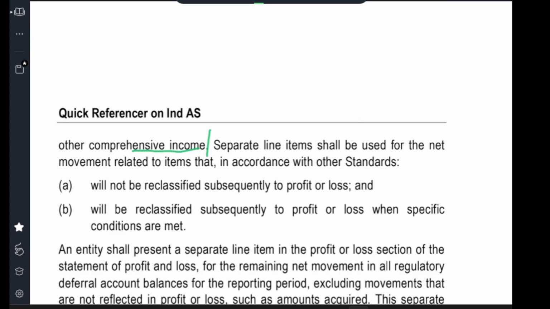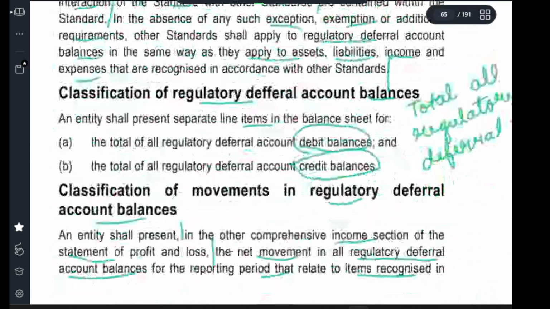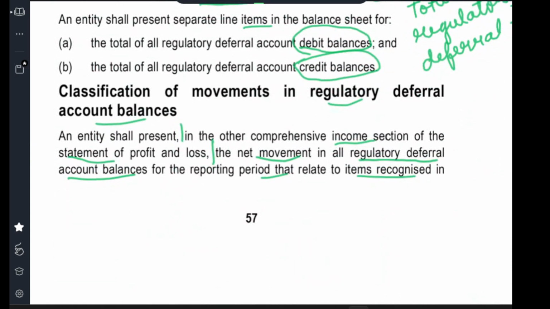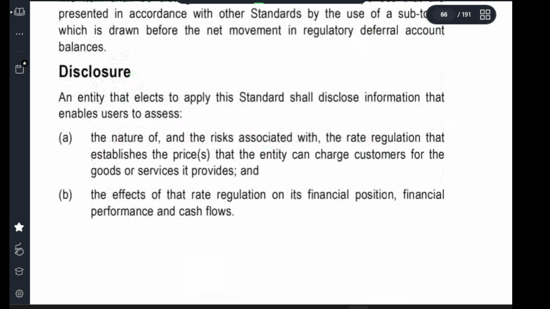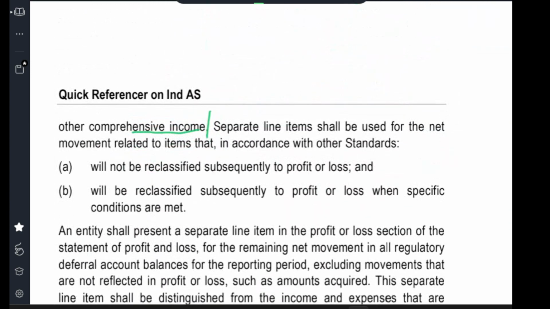So where they are going to recognize the specified rate plans in other comprehensive income, they are going to present the movement of any regulatory deferral assets or liabilities to be recognized there.